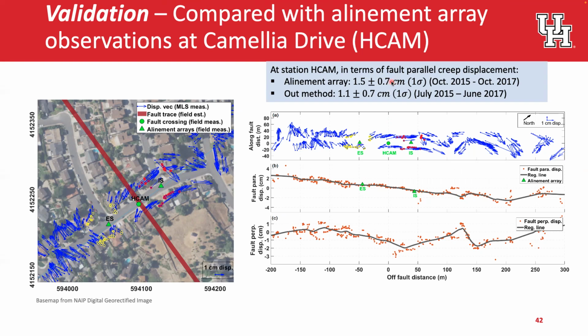And we're agreeing at a level of about 7 centimeters, 1 sigma for these measurements, and it's within the accuracy level of the alignment array observation. So this is just one result, but at several sites we're down at this sub-centimeter level. So constraining the geometry to these planar surfaces significantly reduces the observational noise down to a level that's an order of magnitude better than what we were getting with ICP.